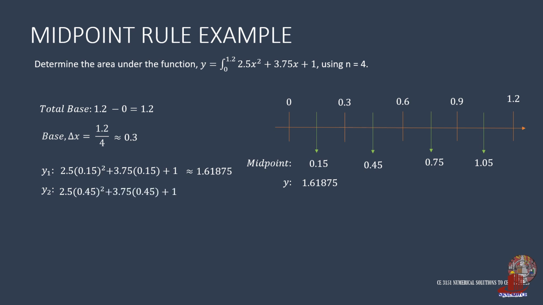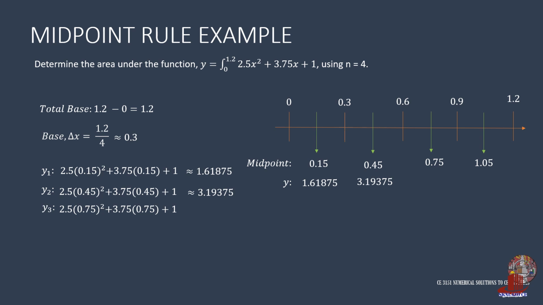y2 needs to plug x of 0.45 into the function, making 2.5 of 0.45 squared plus 3.75 times 0.45 plus 1, which is 3.19375. y3 is solved by placing 0.75 into the function.